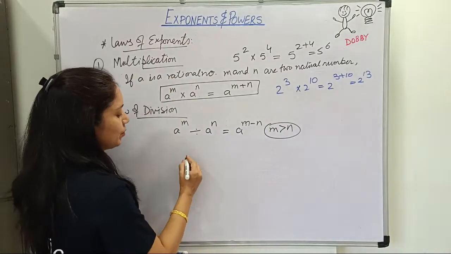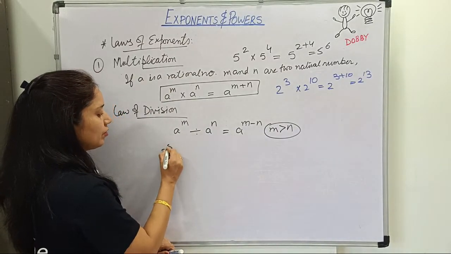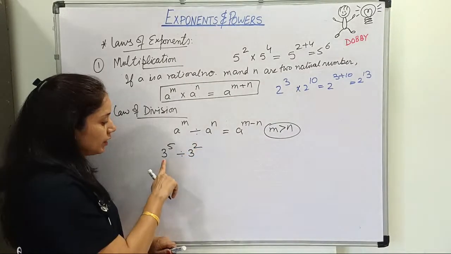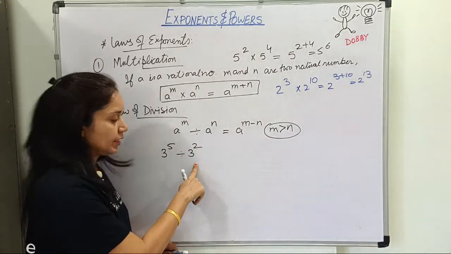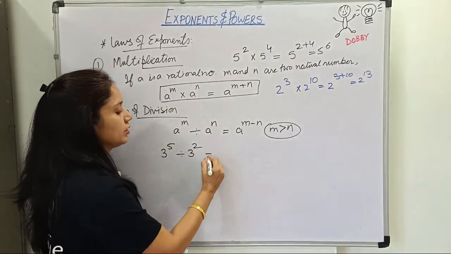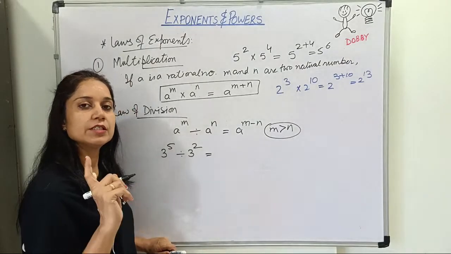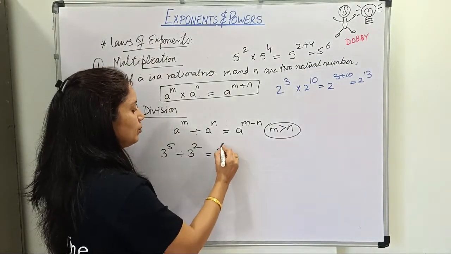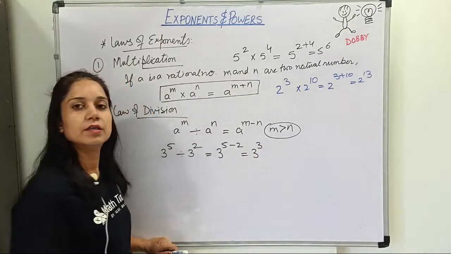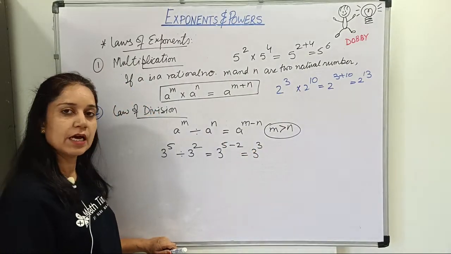Let us take an example. Suppose you are having 3 raised to the power 5 divided by 3 raised to the power 2. Rational number 3, same rational number in division with different powers. So in division we subtract. 3 raised to the power 5 minus 2 gives us 3 raised to the power 3. This is the answer.